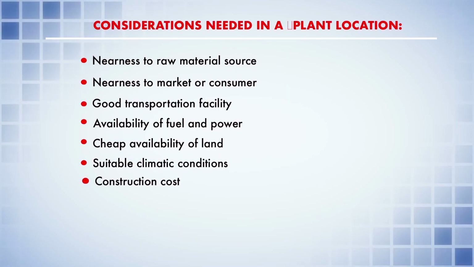Now, the construction cost. Once we have decided a location, we will go for the construction of the manufacturing unit. Therefore, we should consider the construction cost, because it is a considerable amount in the initial cost of a manufacturing unit.